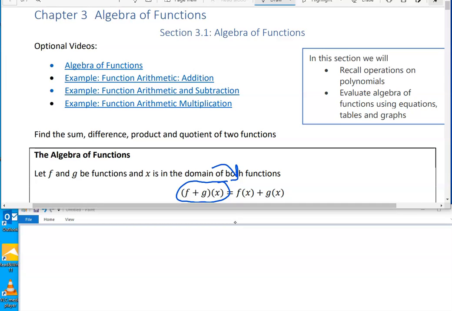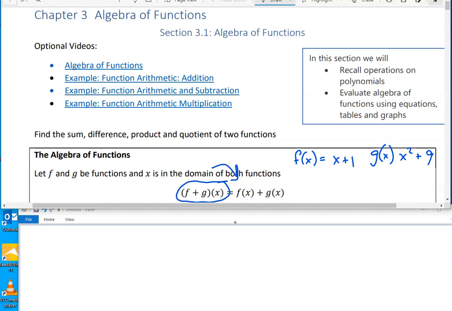So let's look at a simple example. If I have f of x equals x plus 1, and let's say g of x is x squared plus 9.